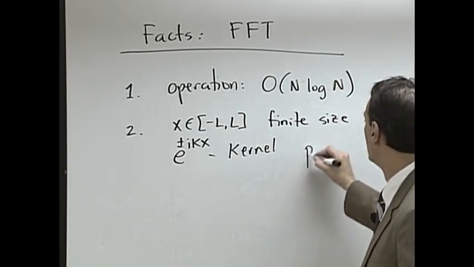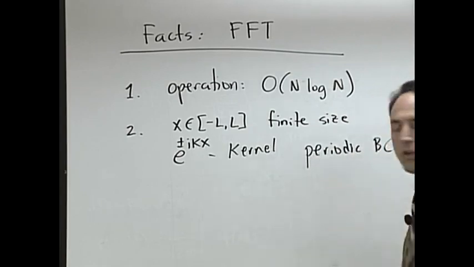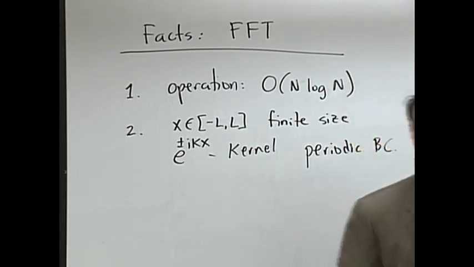Okay, so this is something you're going to have to think about. Is it going to make sense for your problem? By using it, you're assuming periodic boundary conditions. So your problem has to be periodic on the boundary to use it. Or does periodic make sense for that problem?